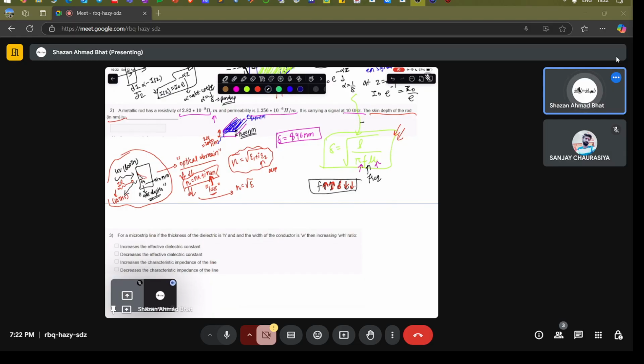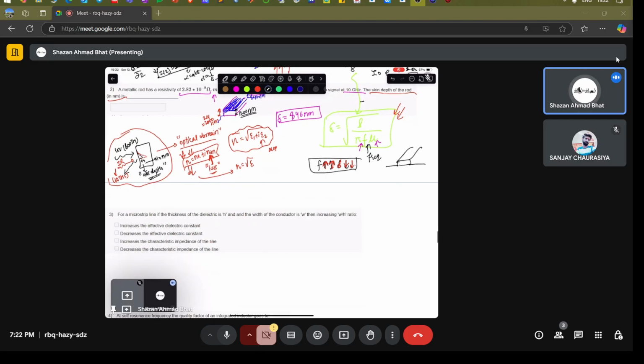The DC travels through the entire bulk of the wire instead of only on the periphery or the surface of the wire. So whenever the metal lines are deposited onto any of the chips, most of the time this thickness is kept large because these metals not only carry AC but they also carry DC.